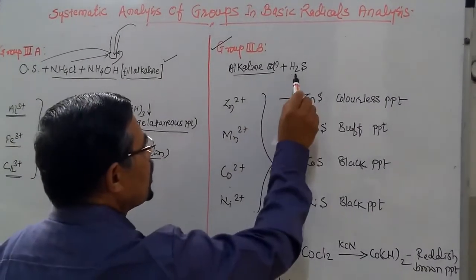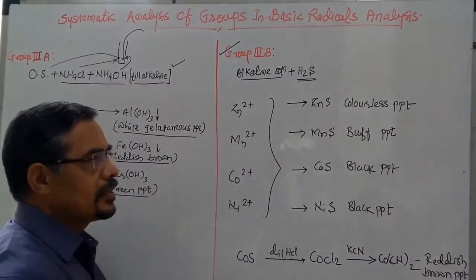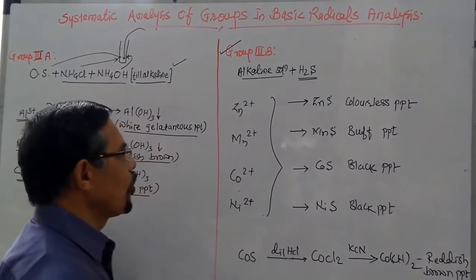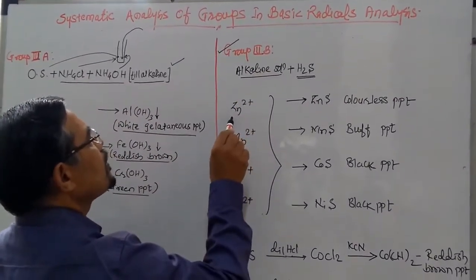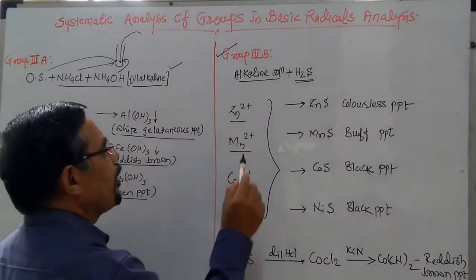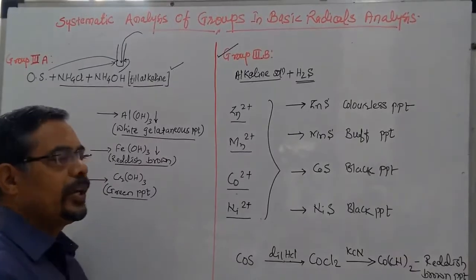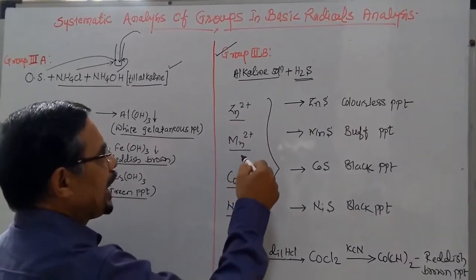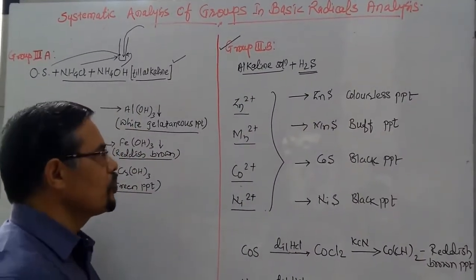So in the alkaline solution, if we add hydrogen sulfide gas or hydrogen sulfide water, that is H2S water, then group 3B consists of Zn2+, Mn2+, Co2+ and Ni2+ radicals. These radicals can be detected by using hydrogen sulfide in alkaline solution.